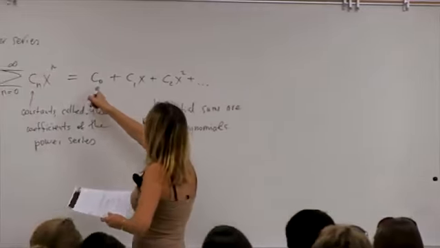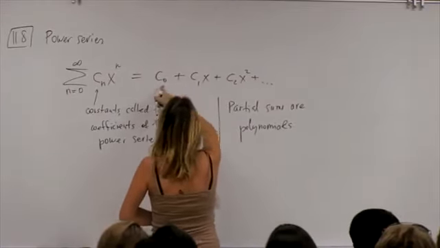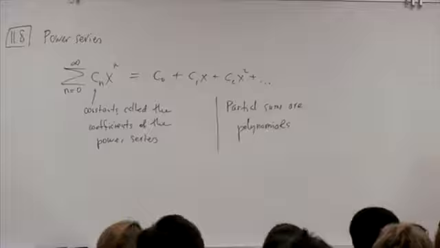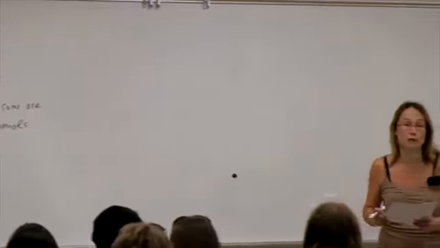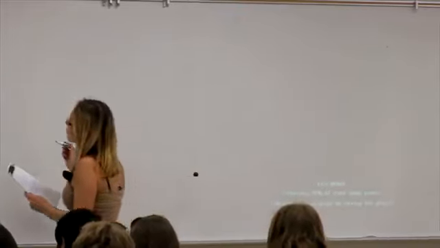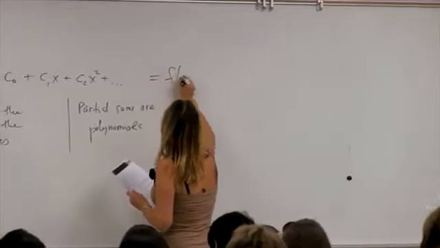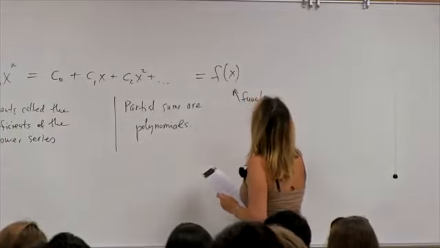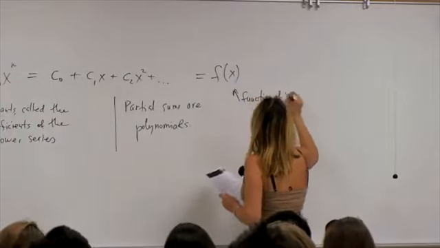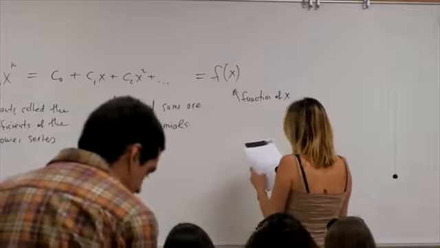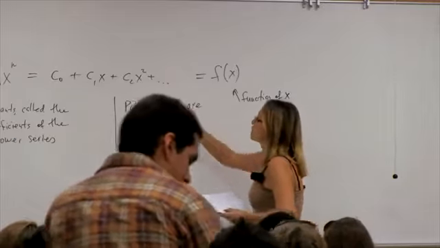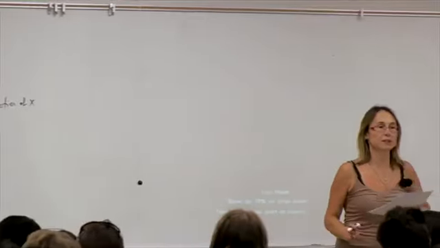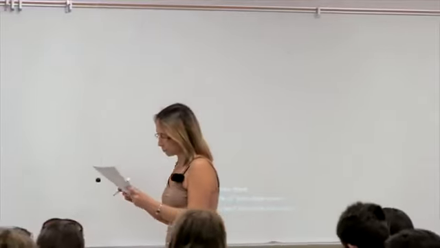Each coefficient c0, c1, c2 can be a different number. In fact, we are given an infinite number of those coefficients. So we can think of this as a function of x, and of course, in general, it's not really a polynomial because it does have an infinite number of terms.